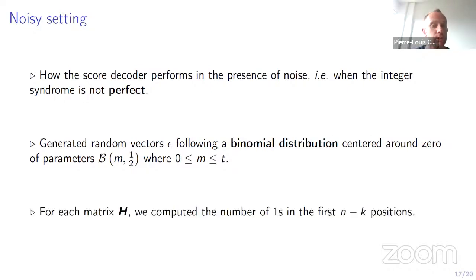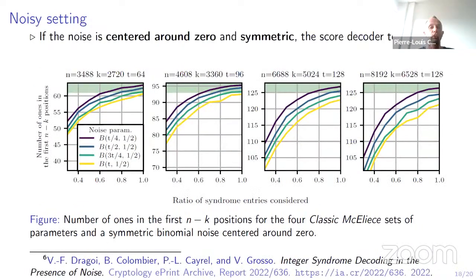For each matrix, we computed the number of ones in the first n minus k positions, which means that we will try to find the scores of the correct columns in the first n minus k positions. So here, what we obtain, we have different levels of noise. Either we have a small noise, which is t over 4, with our binomial t over 4 and 1/2, we have the purple line, which is here.